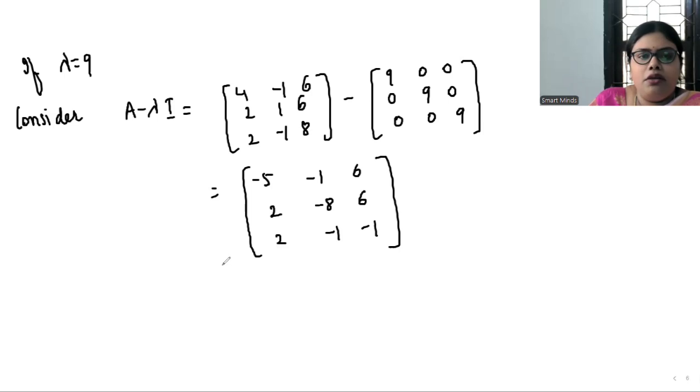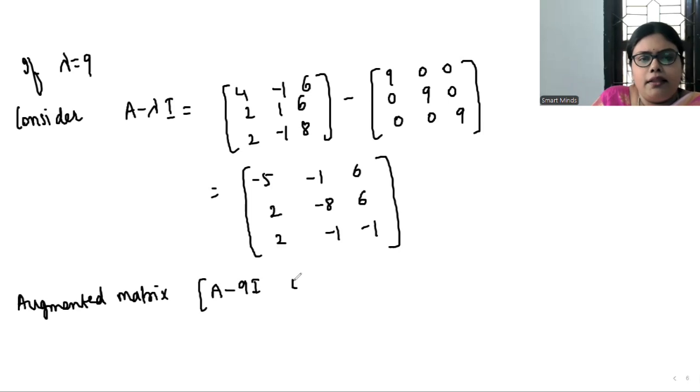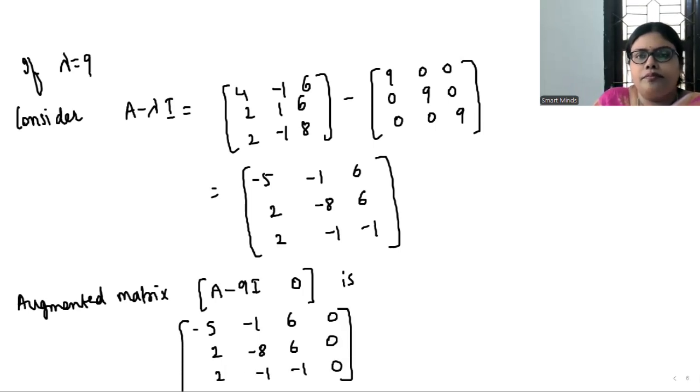Now, we need to take the augmented matrix. What is the augmented matrix? [A minus 9I | O]. What is that? [-5, -1, 6 | 0], [2, -8, 6 | 0], [2, -1, -1 | 0].